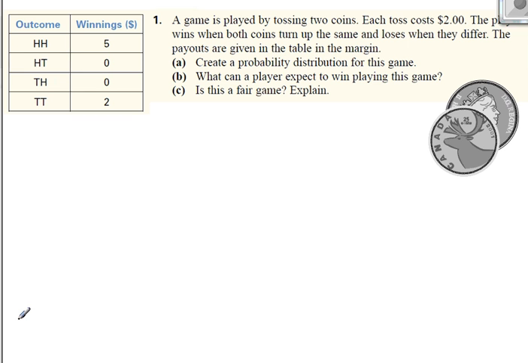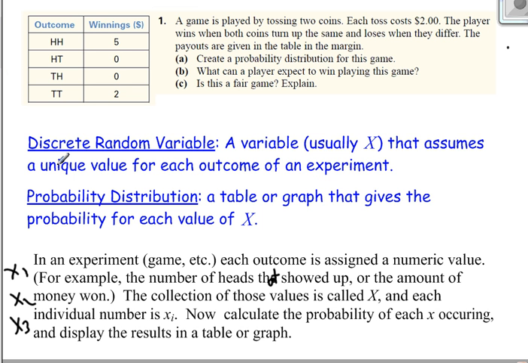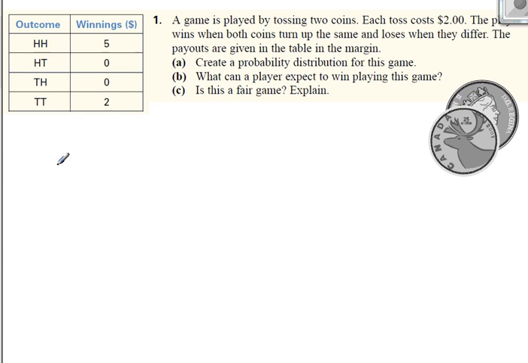So now that you have hopefully a better idea, let's go ahead and actually do question 1. So part A says, create a probability distribution for this game. Because this is the first question I'm taking up like this, I want to be very formal and really review and hopefully get you to understand what a discrete random variable is. And I'm going to do that by actually assigning a variable a definition, like you used to do back in grade 10. I'm going to let x be something.